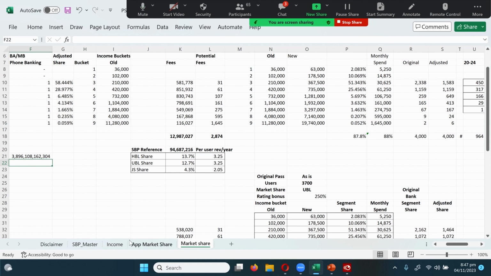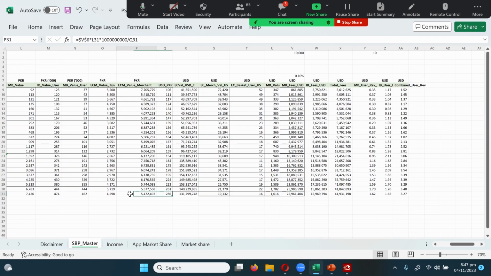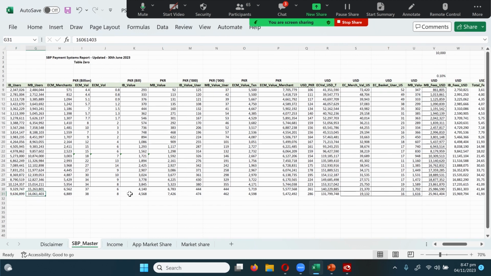And what is the total volume we have in the SBP master in PKR terms? Where does that come for you? It's coming here. So the volume for the year is 23, this is in billions, so that's 23 trillion rupees, right? So this says that 23 trillion rupees is the amount of volume that was transacted, and we use that as a basis for our calculation.